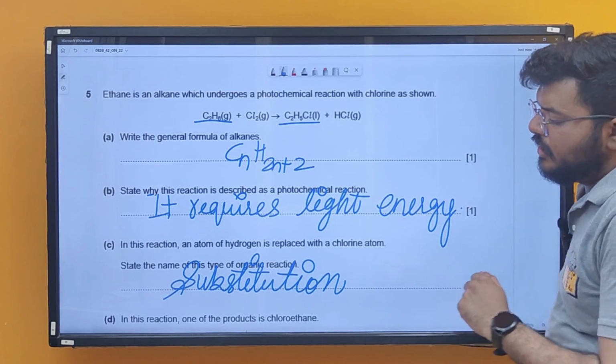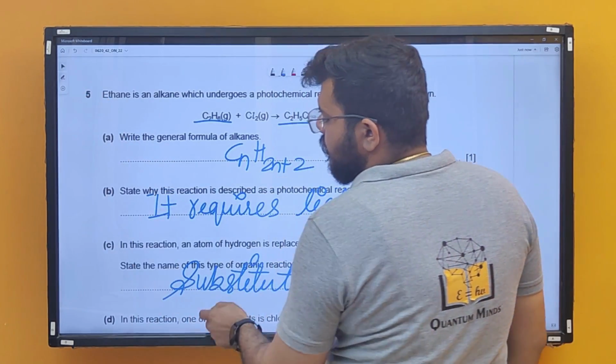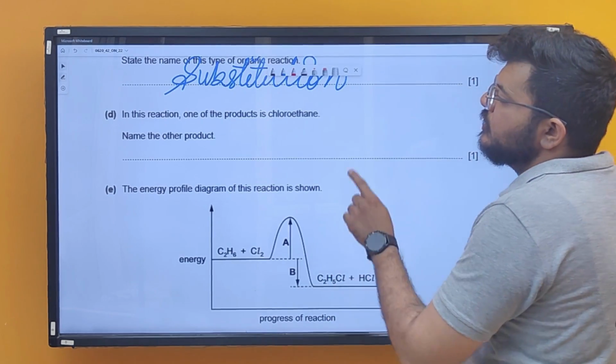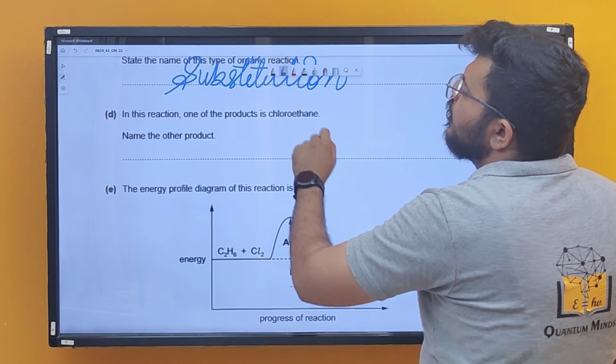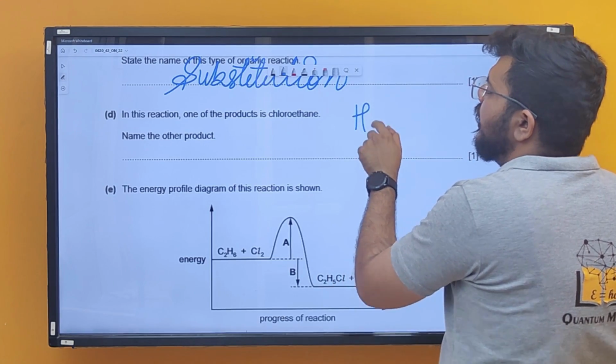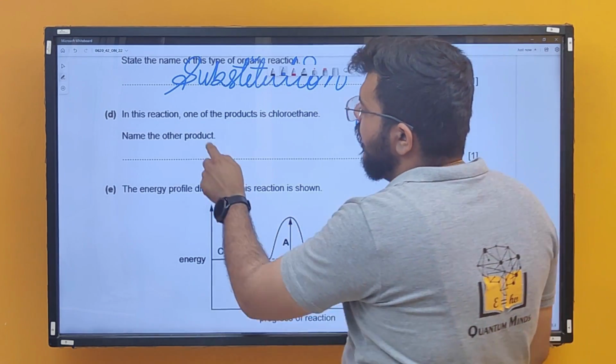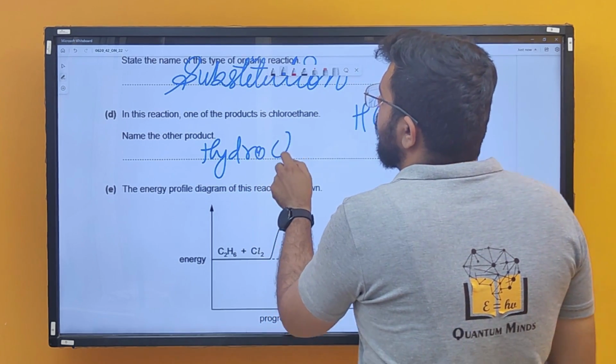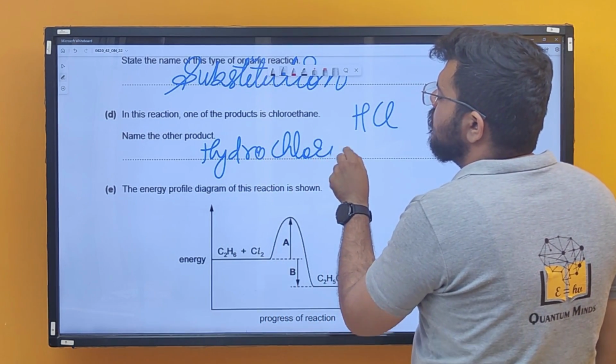Okay, substitution reaction. Then in this reaction, one of the products is chloroethane. Name the other product. We just saw it was HCl. Name HCl, hydrochloric acid. Right?